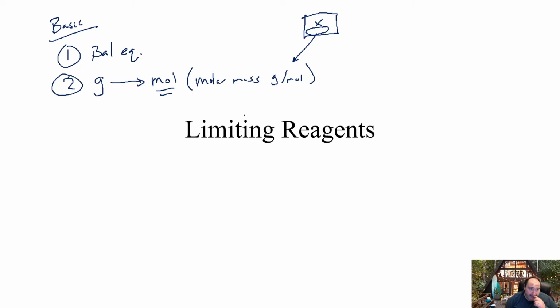Once you have that in moles, the reason why you need to do that is the third step in a basic stoichiometry problem, which is to use the mole to mole relationship. And that relationship, as we talked about, comes directly from the actual balanced equation, which is why step number 1 is really important to make sure that you do.